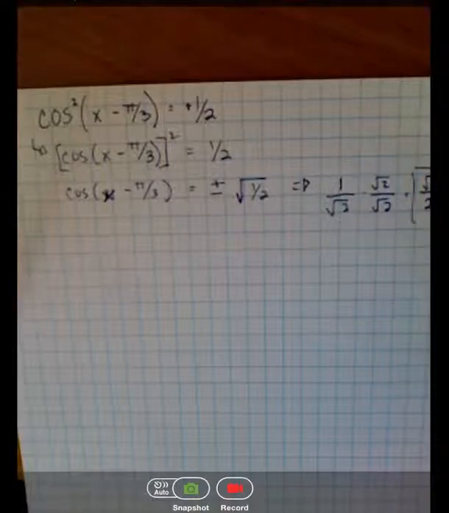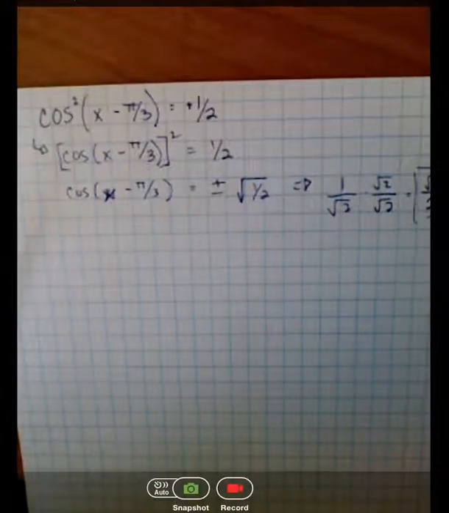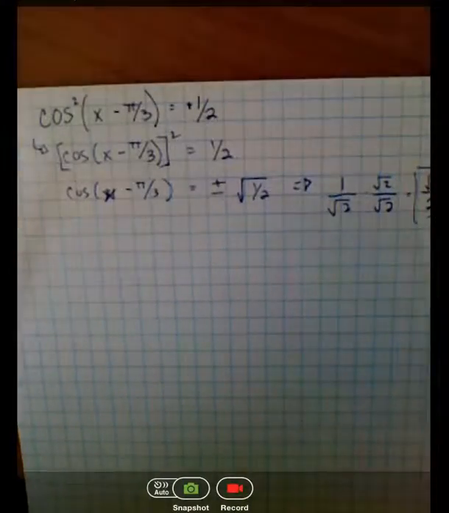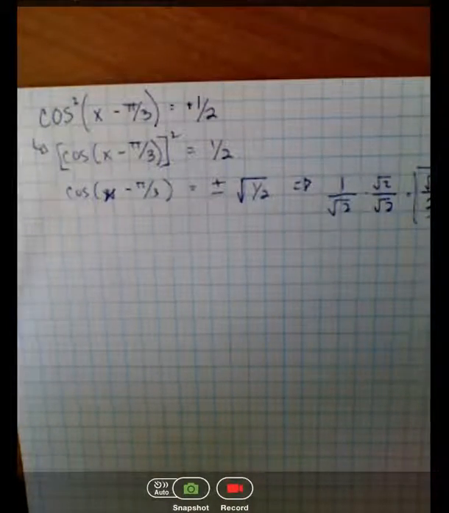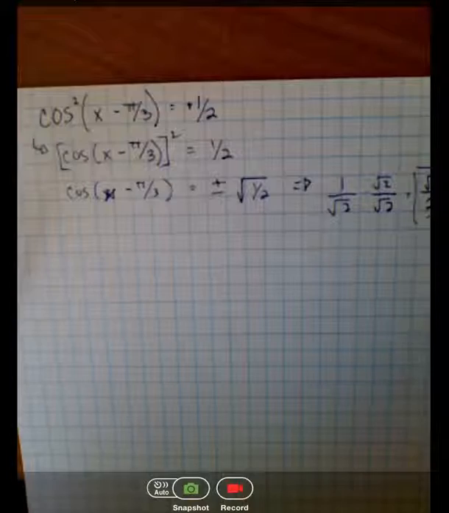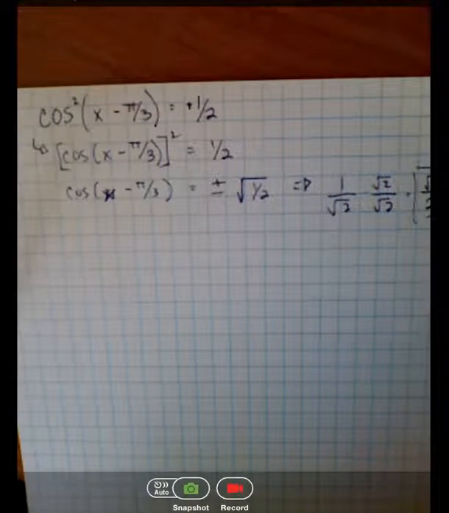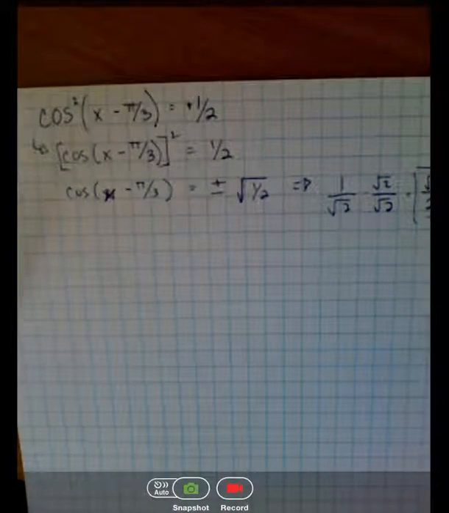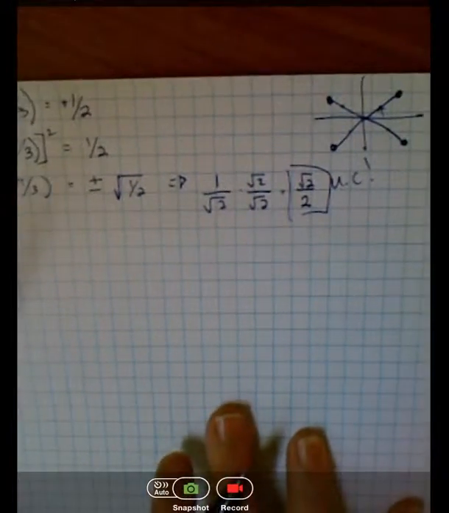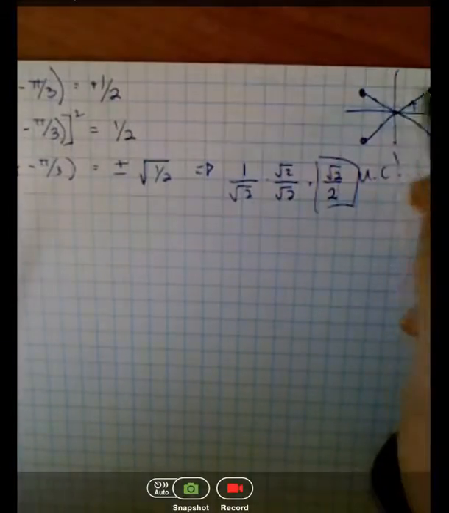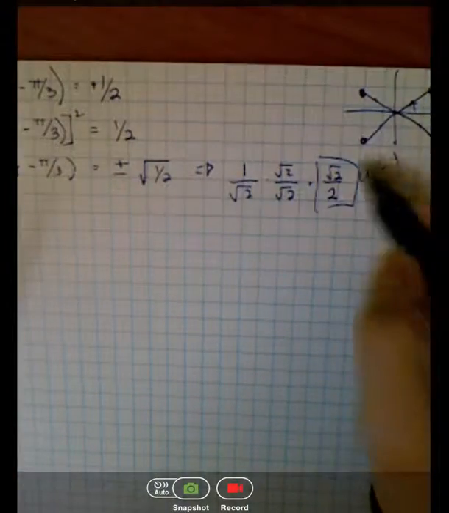Oh, hey, this is on my unit circle. Yay! So I've got my unit circle, and I know that I have outputs of root 2 over 2 here, here, here, and here. Some of them are positive, some of them are negative, but on those intervals I'm going to have some root 2's over 2.